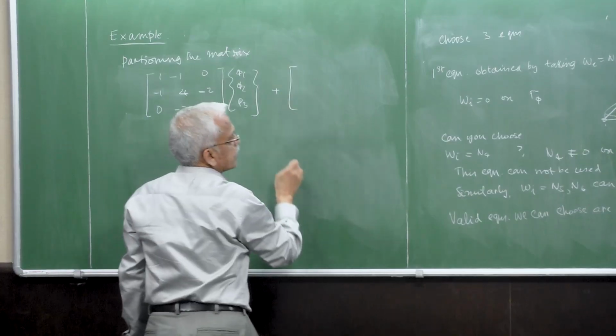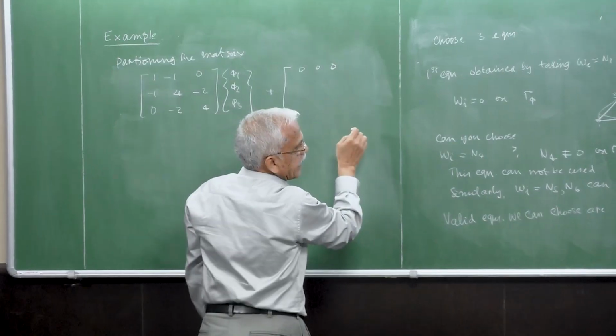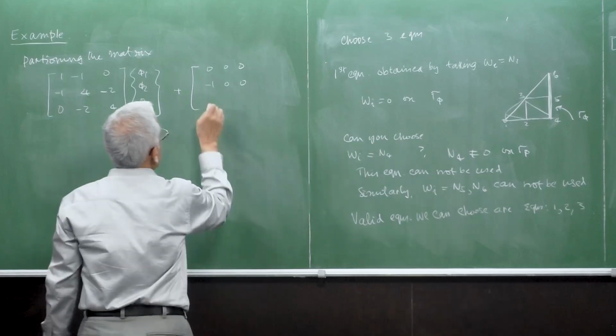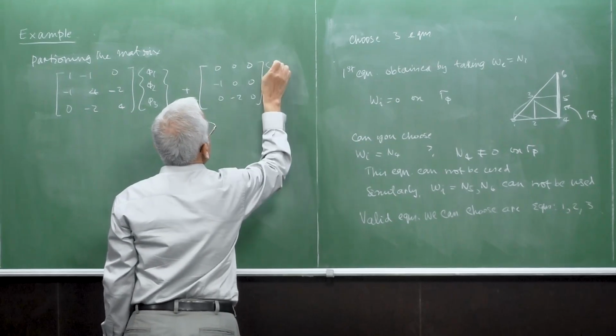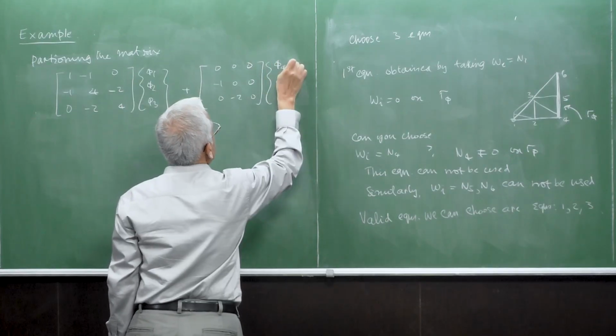So we'll choose 0, 0, 0 and minus 1, 0 and 0, minus 2, 0 times phi 4, phi 5 and phi 6.